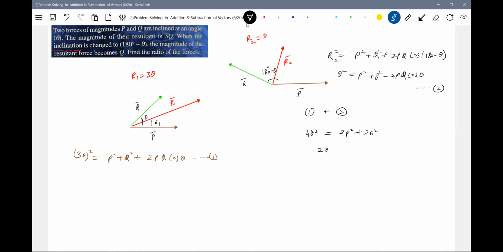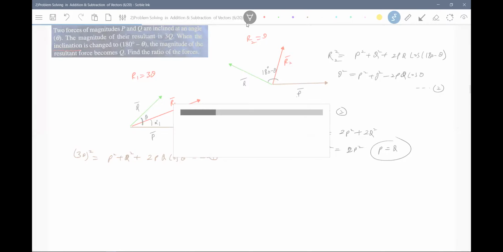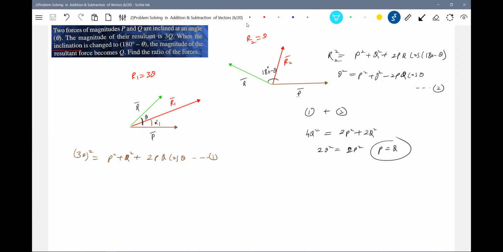This will become 2Q square equal to 2P square, or P equal to Q. Okay, fine. So this is the resultant of these two.